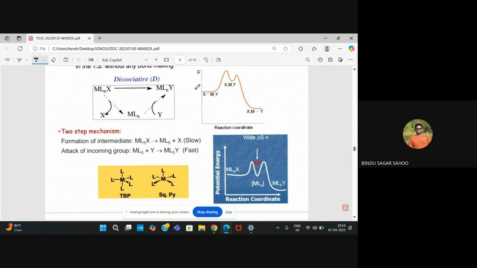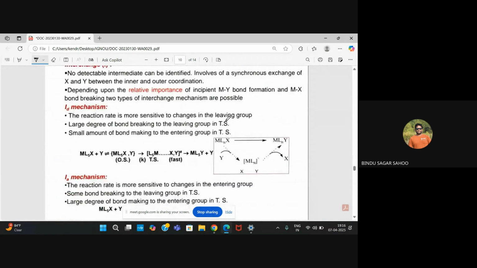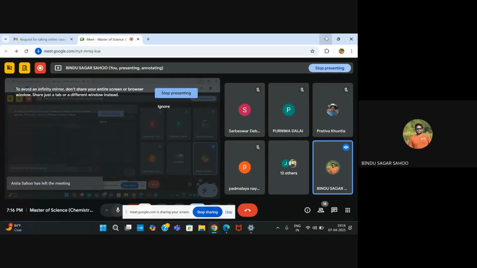This reaction coordinate diagram is most necessary. You need to mention it in your exam book or notebook also. Okay, so further we will discuss the hydrolysis part.